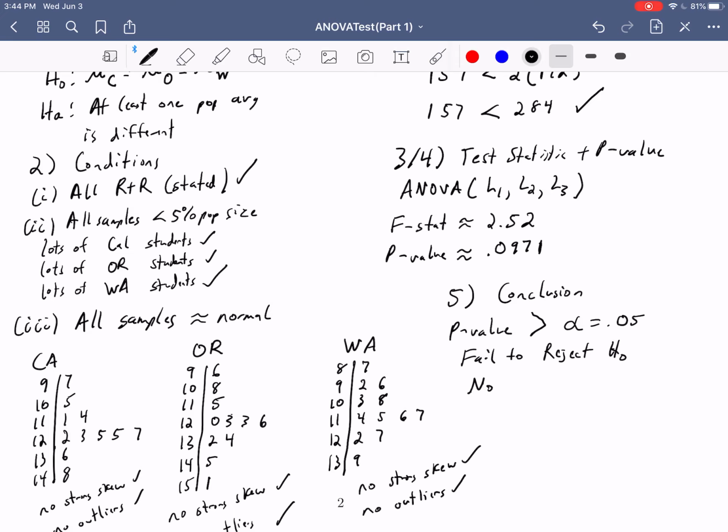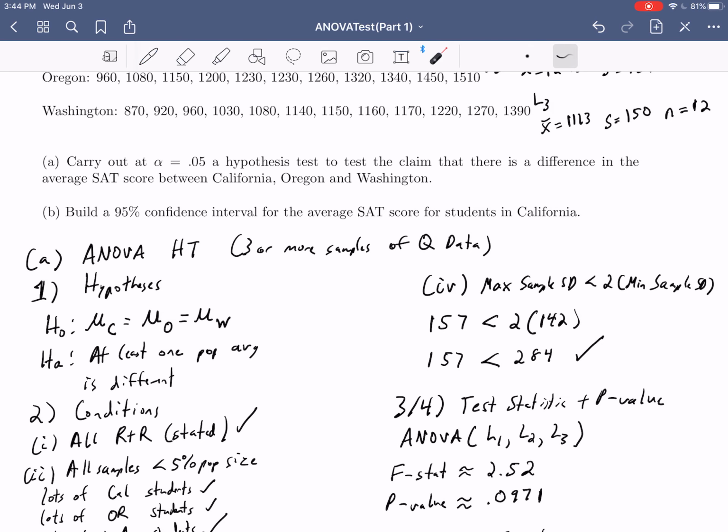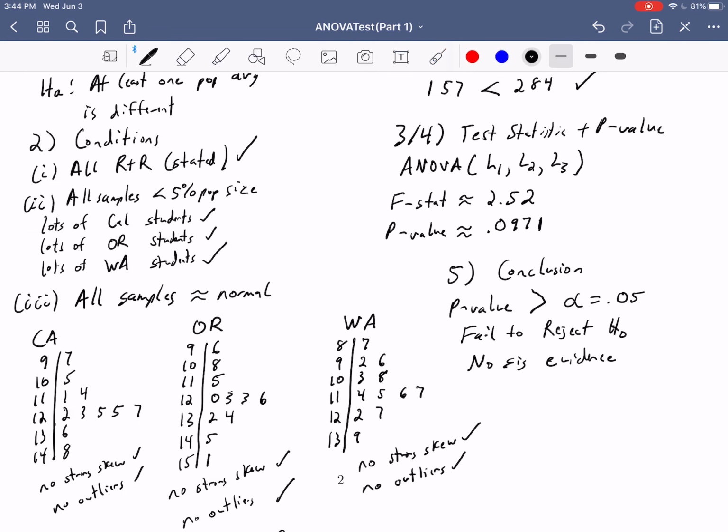So we have no significant evidence for our claim. What was our claim? Well, our claim was that at least one of these populations had a different average. So no significant evidence that there is a difference in average SAT score between California, Oregon, and Washington.